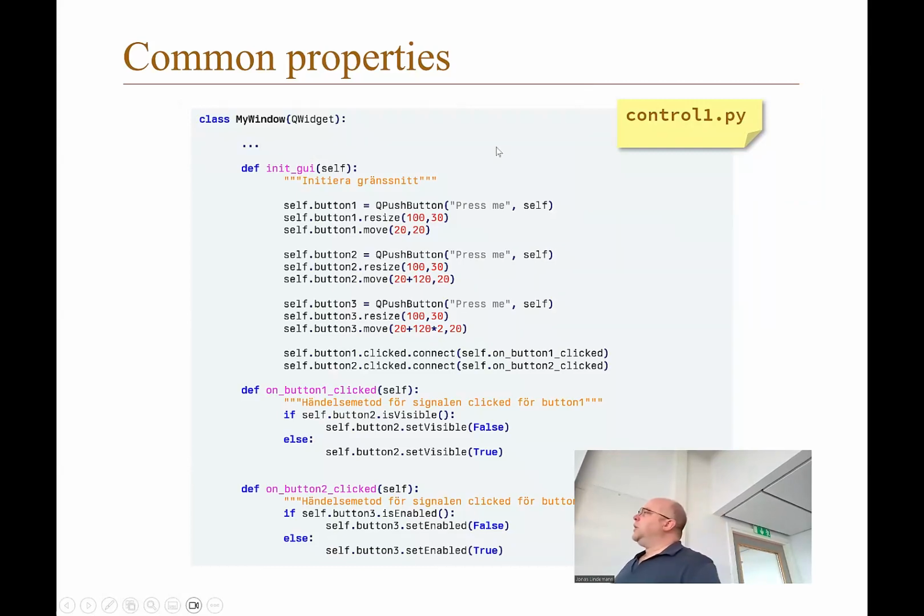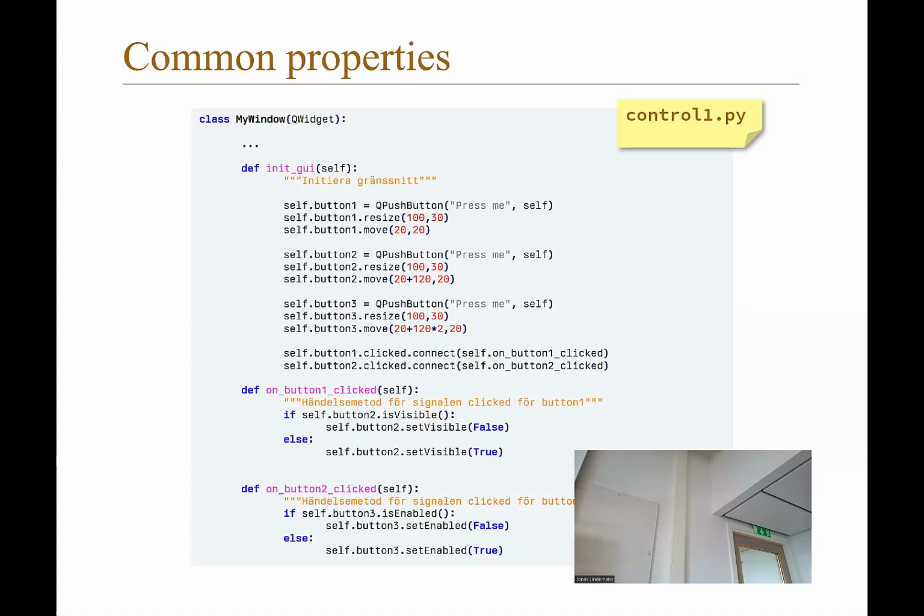So in this example, we have 3 buttons that we add, and we give them different names to distinguish them in our code. We connect button 1 to the button 1 clicked function, and button 2 to button 2 clicked. We don't do anything with button 3, just show it on the screen. If you click button 1, it checks if it's visible.